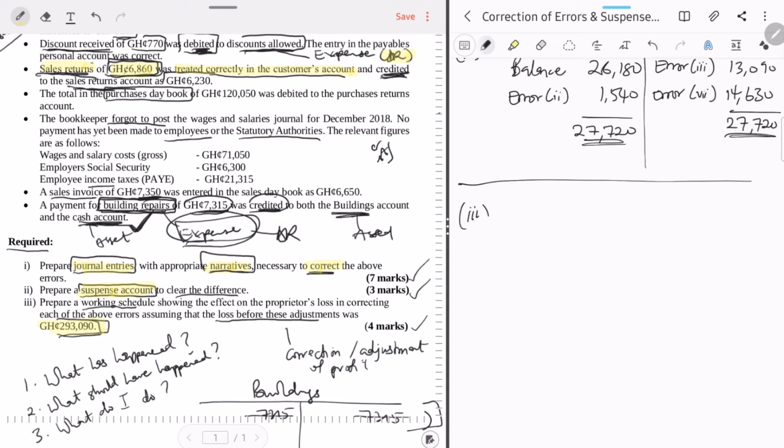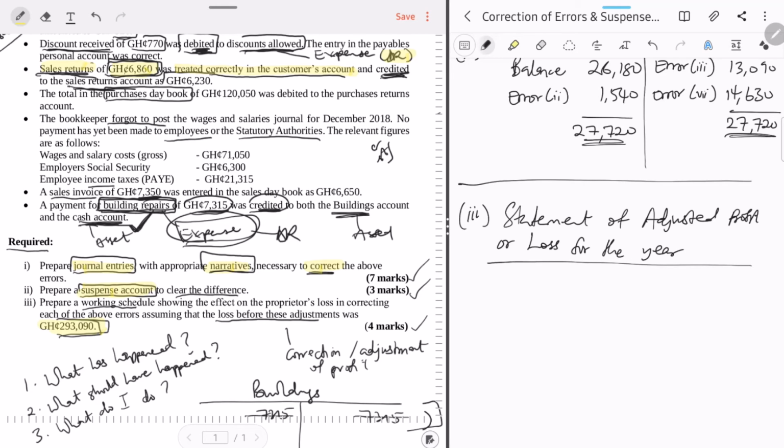issue. So let's call this statement of adjusted profit or loss for the year.